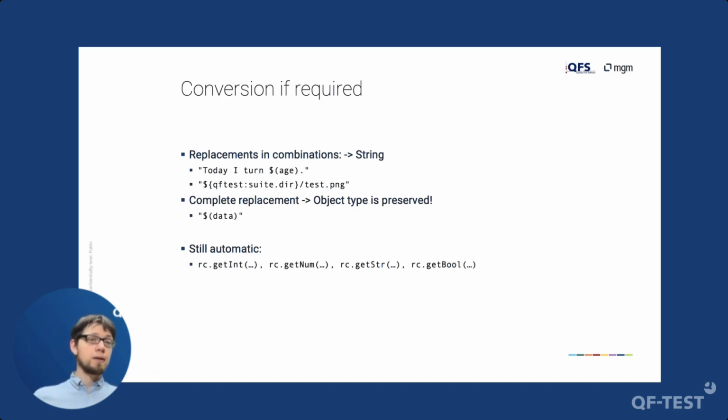I could also think about having something like $data0, $data1, and if one of both is always empty, then the other one will win and the object type of this is preserved. By this, you can hand over objects in variables within your test script while still preserving the compatibility to pre-QF-Test 9 test suites.